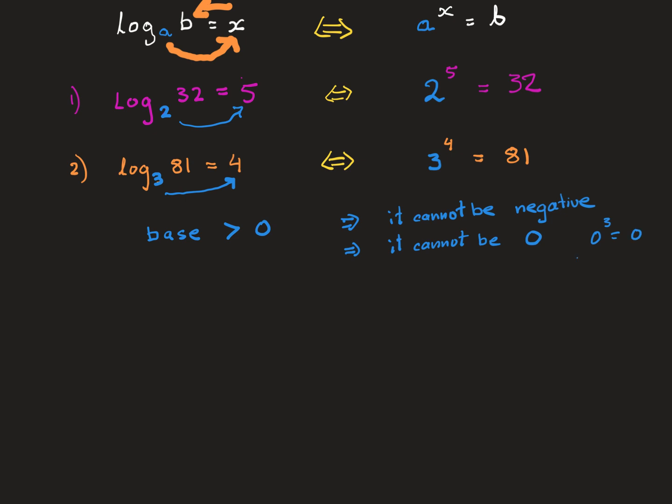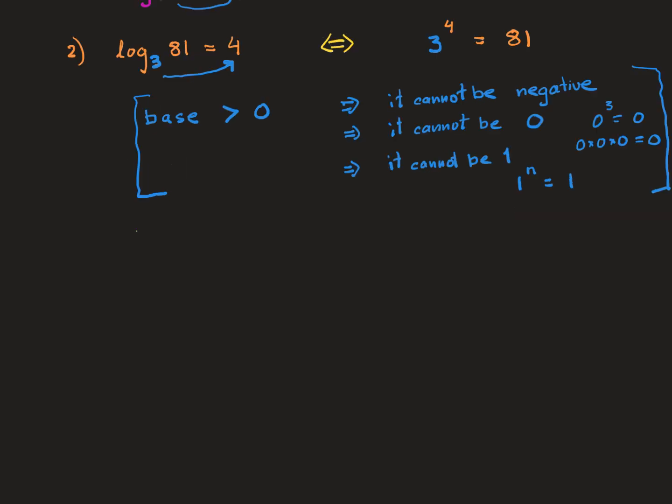For example, if I multiply 0 times 0 times 0, 3 times, all I'm going to get is 0. And also, the base cannot be equal to 1. Because 1 to the power of anything will always be 1.